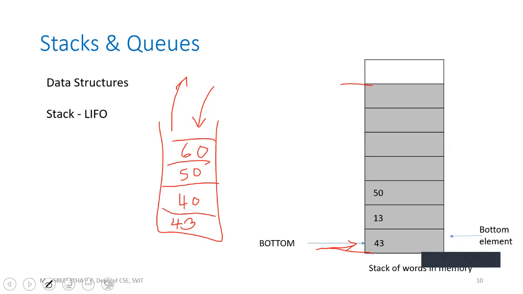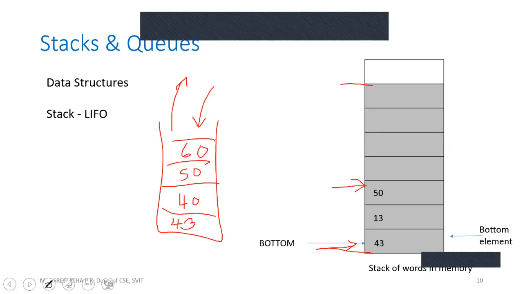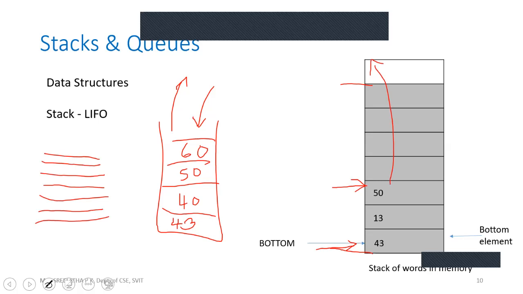Now, suppose I want to retrieve an element. At this condition, I can retrieve only 50, that is, whatever is the topmost element in the stack can be retrieved. When there is a stack of plates, one above the other, you take the topmost plate, correct?